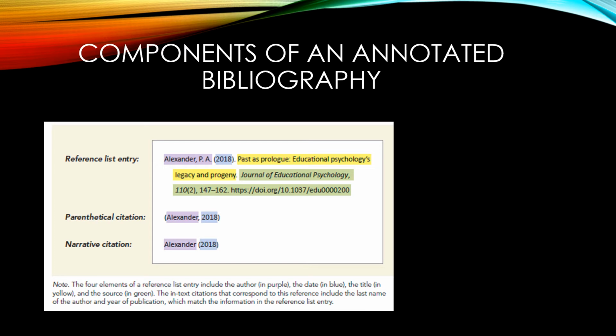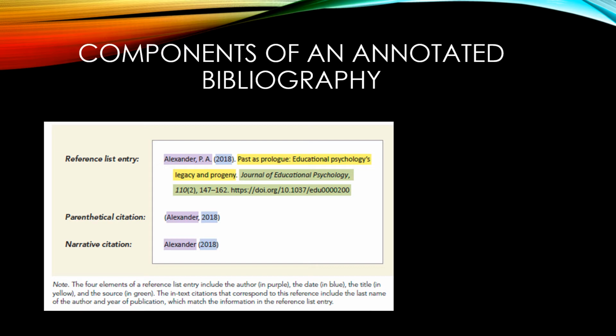Okay, so we're going to separate the journal name, Journal of Educational Psychology, with a comma, and we're also going to include a comma after the italicized volume number next to the issue number, right? So after the volume number and issue number, we're going to include a comma.